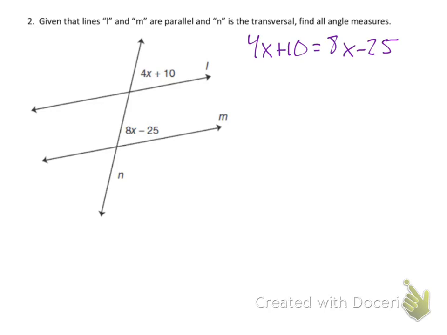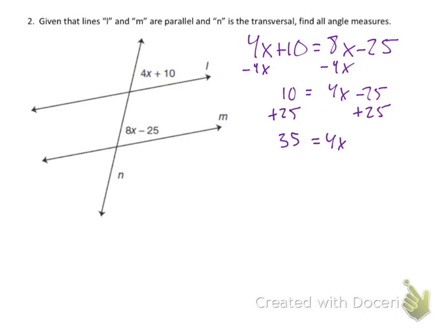Moving 4x or 8x? Move the 4x. Subtract 4x. 10 equals 4x minus 25. Then I will add 25. 4x equals 35.